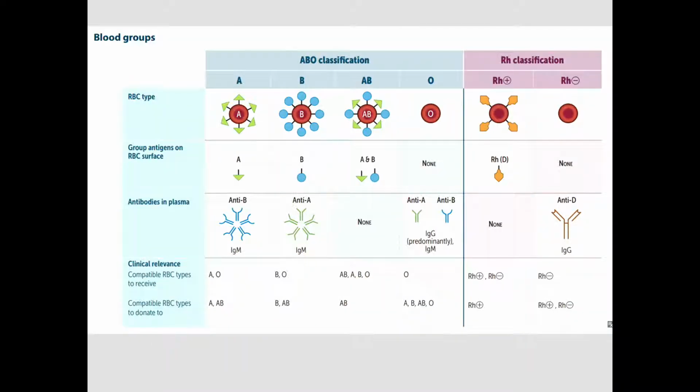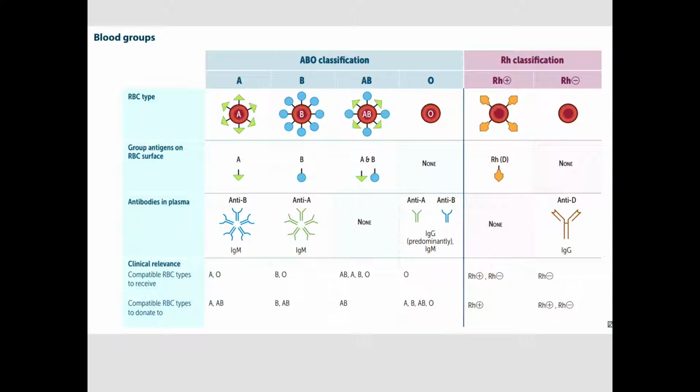Okay, and as you can see here too, other than this AB0, we do have rhesus classification. Some patients do have rhesus antigen, mostly rhesus D antigen, and some persons do not.